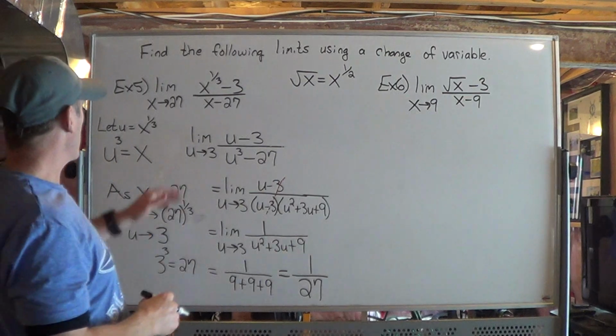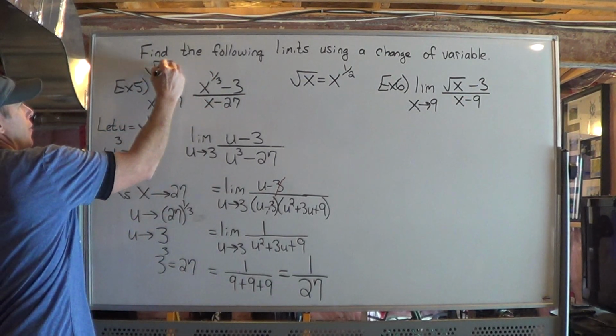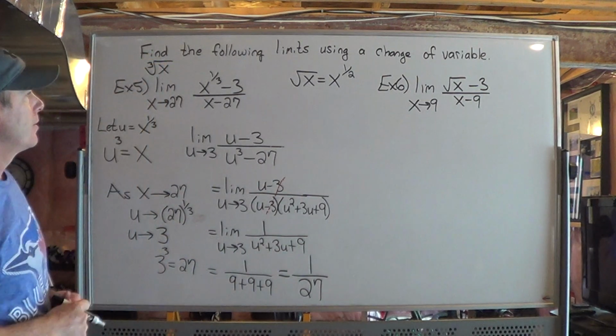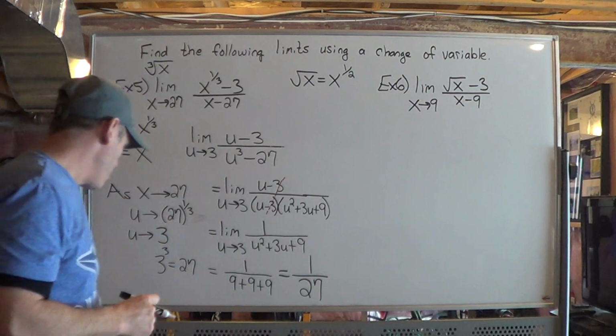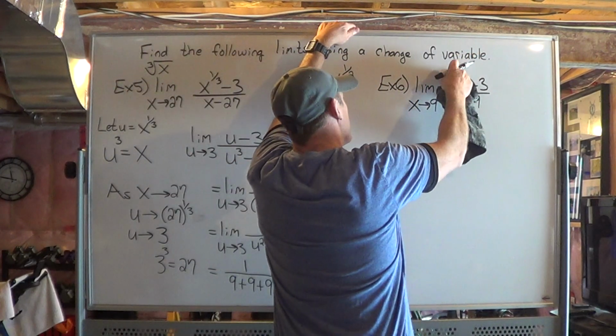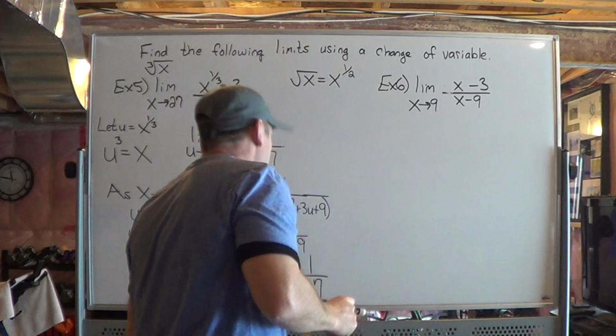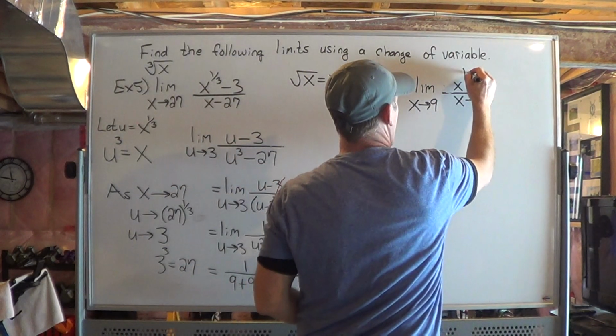Just like over here when we had x to the 1/3, that is really the third root of x. And so instead of writing the square root of x, I am going to write it to the 1/2.